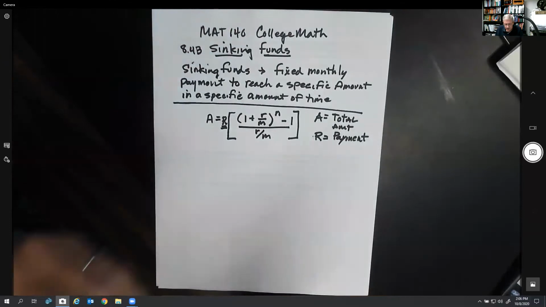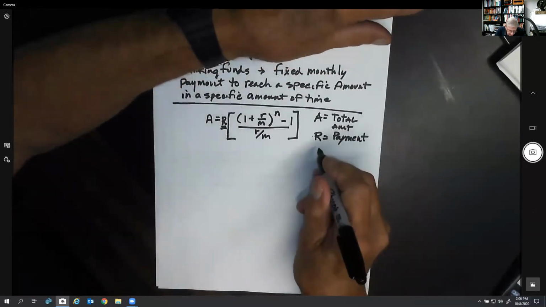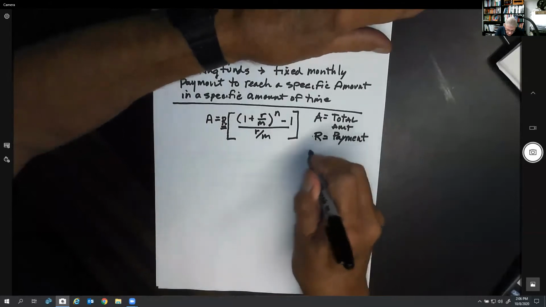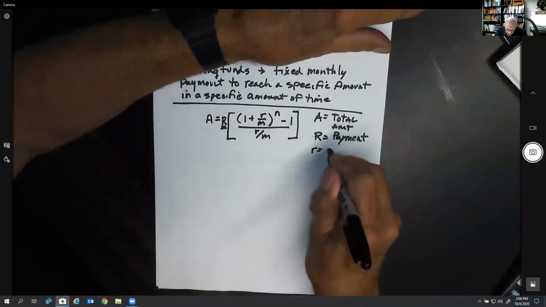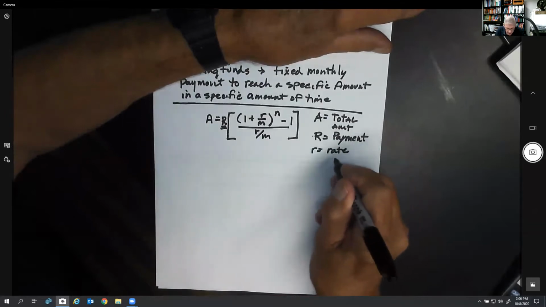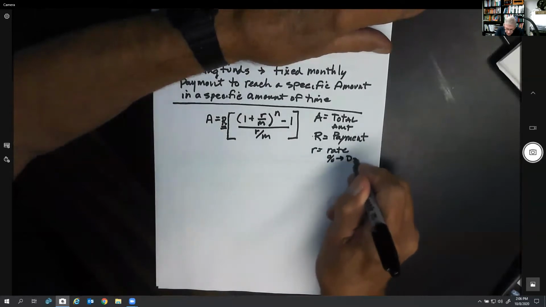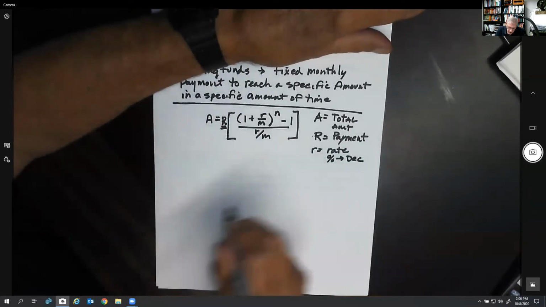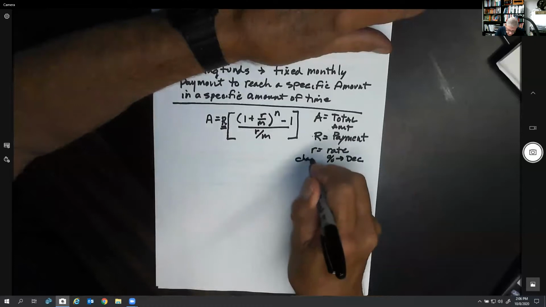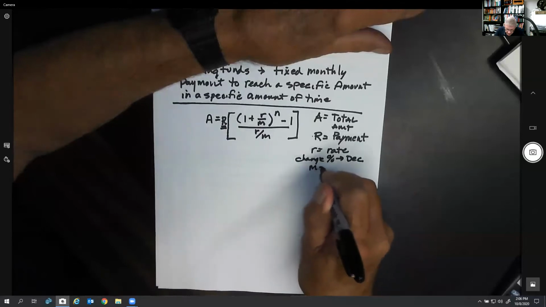You're sinking your money into a fund or into something. Okay, r is the rate. And remember, rate always, it's going to be a percent, and you need to change the percent to a decimal. M is the number of times it's compounded.